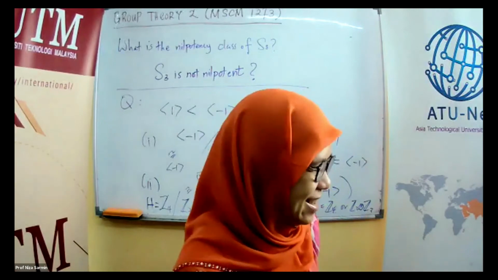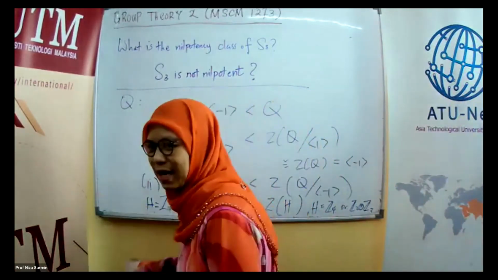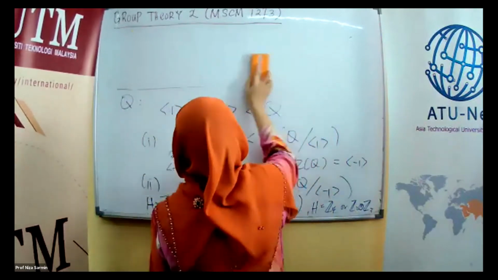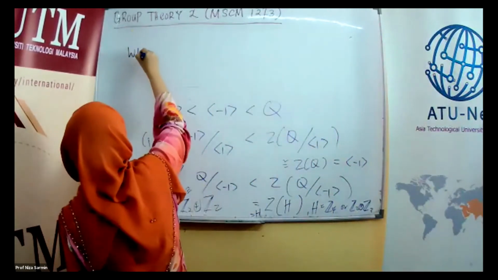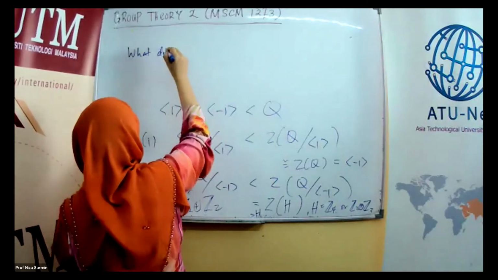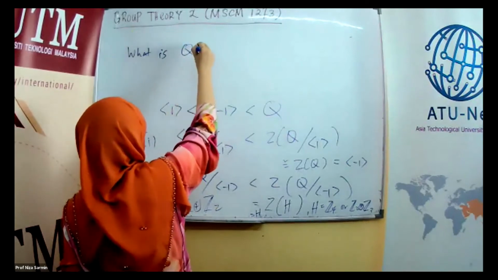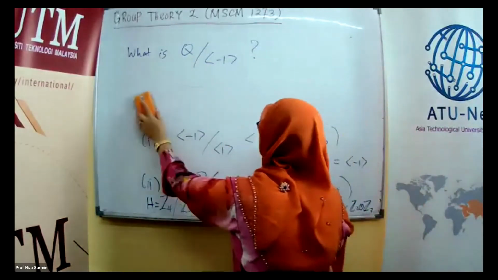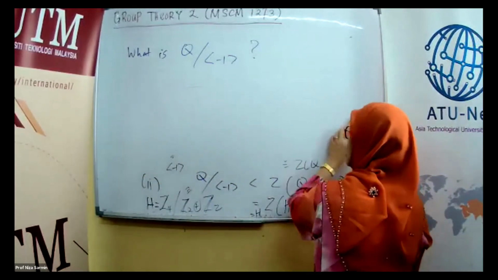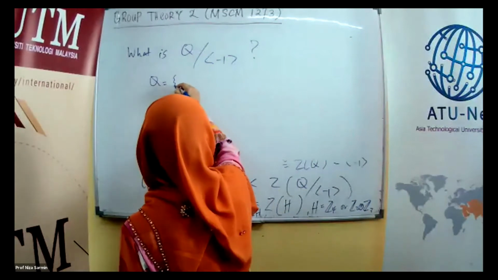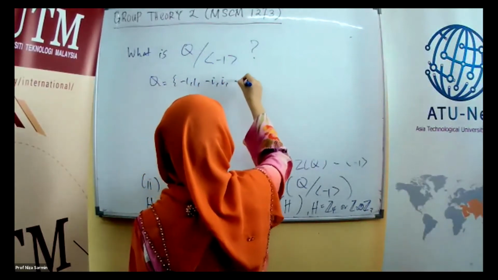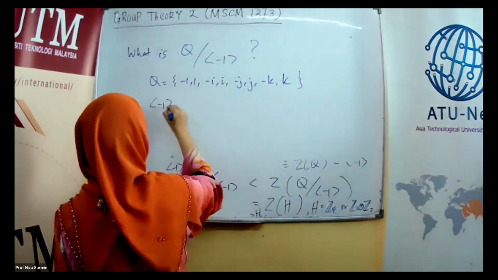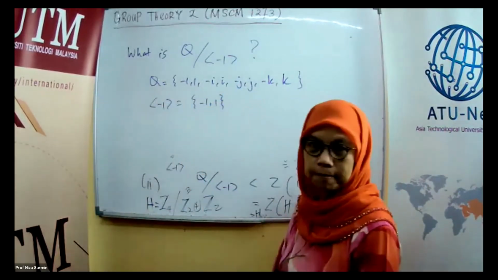Yes or no? Yes. Okay, now we go back to chapter 8 from last semester, normal subgroup. Now what is Q mod H? Q equals -1, 1, -I, I, -J, J, -K, K. Right?